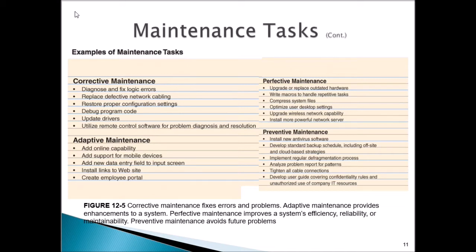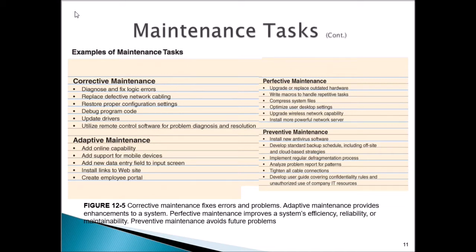Corrective maintenance is going to occur early in the implementation of a new system because it's going to be new and there's going to be unforeseen issues that need to be corrected quickly. As time goes on, corrective maintenance will tend to decrease.